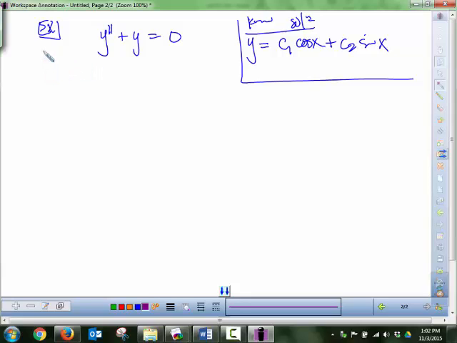All right, we'll begin by assuming that your solution is represented by a power series. So the solution is given by y is equal to some power series, k goes from 0 to infinity of c sub k times x to the k. And we'll assume that we're going to find a solution that's centered around x equals 0.